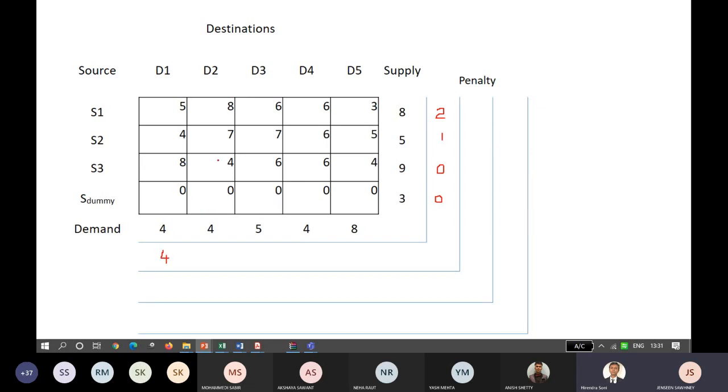Second column, penalty would be 4. Third column, penalty would be 6. Fourth column, 6. So which one to choose? Sorry, one more is left out: 0 and 3, so it would be 3.